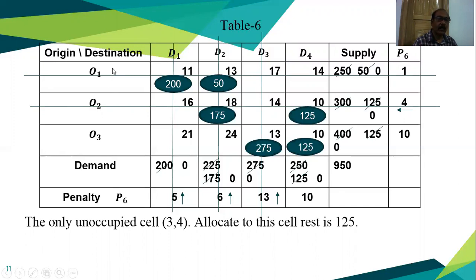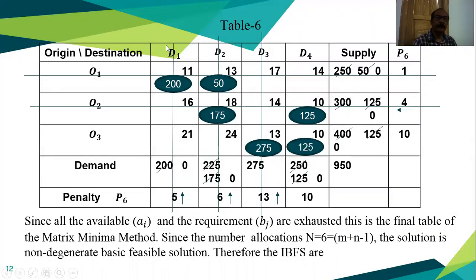And here our origin is 3 and destination is 4, so m plus n minus 1 is also equal to 6. So we can say this is our non-degenerate initial basic feasible solution, since all the available a_i and the requirement b_j are exhausted.